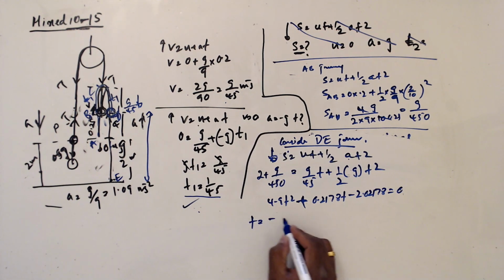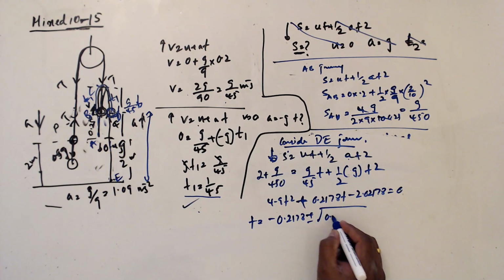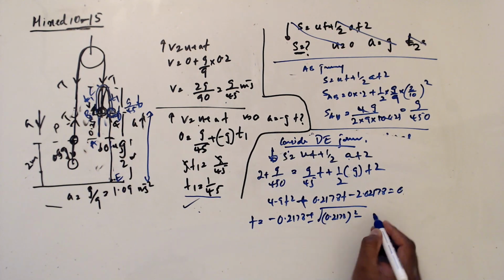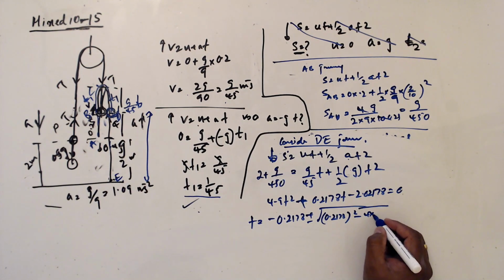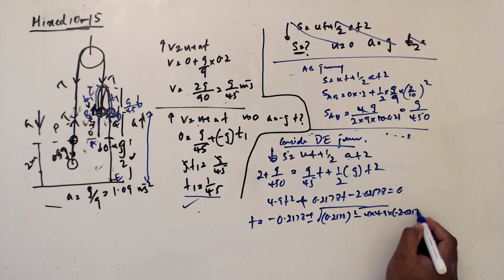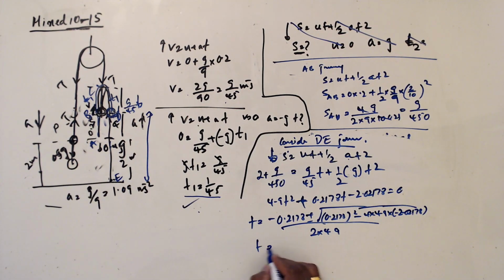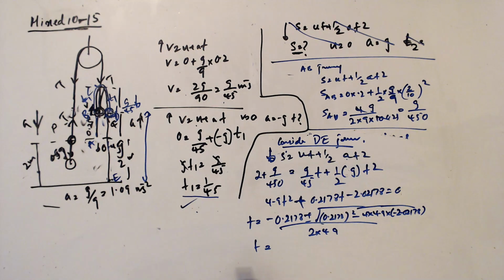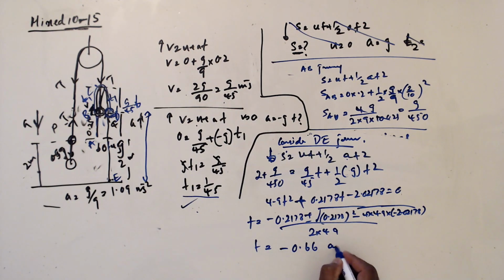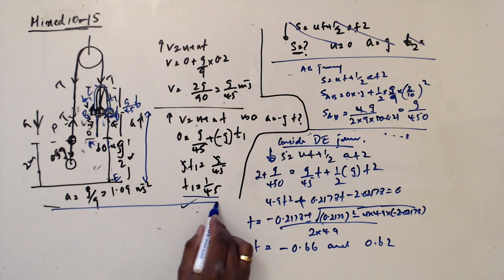So t equals minus 0.2178 plus or minus the square root of 0.2178 squared minus 4 times a times c, where c is minus 2.02178, over 2 times 4.9. Then we will get 2 answers. One is minus 0.66 and the other one is 0.62.